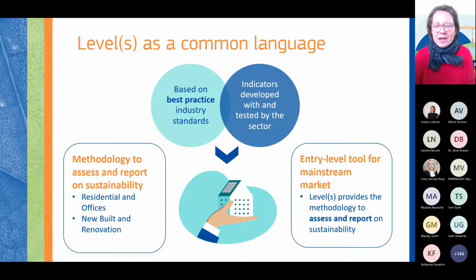It is really an entry-level tool where you want to learn about how your different decisions that you take along a building project have an impact on the building's sustainability performance. So I want to stress that it is an entry-level tool to be used for the mainstream market. Next one, please.